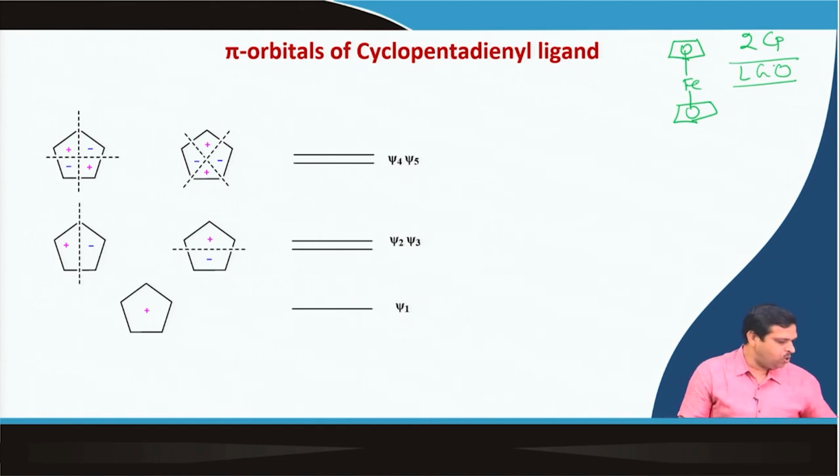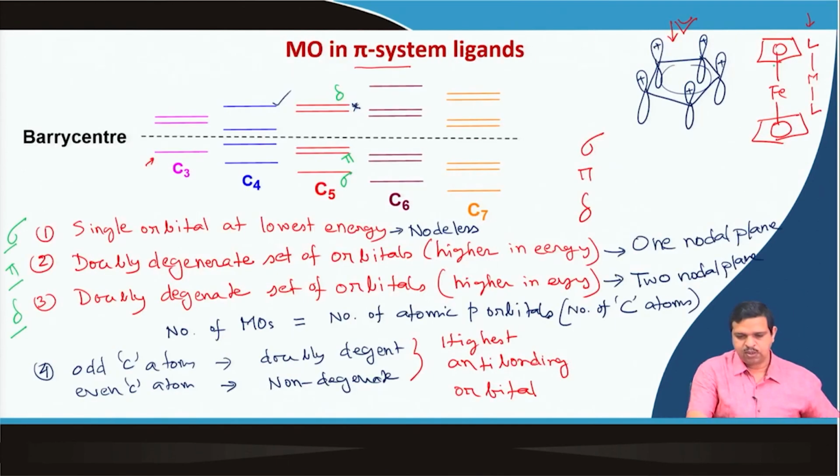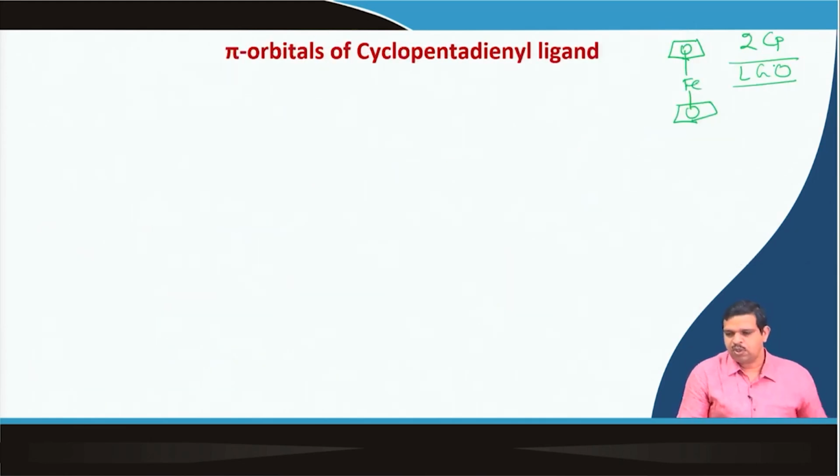Once we know the molecular orbitals in a cyclic pi system like Cp, we have to consider the ligand group orbitals when there are multiple Cp ligands in the organometallic compound. This LGO can be formed by addition and subtraction of pi orbitals of the particular symmetry.